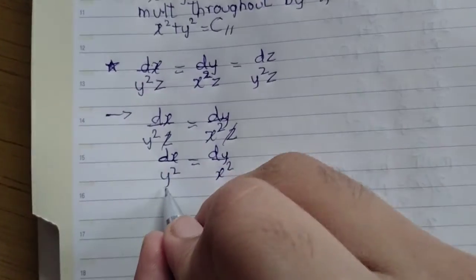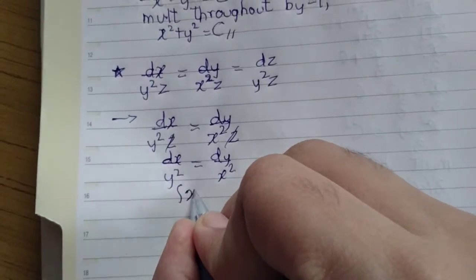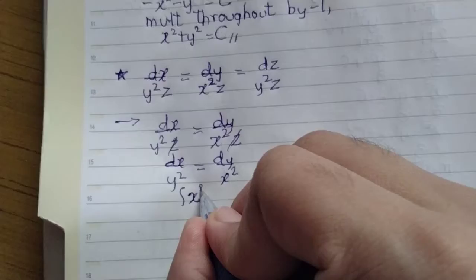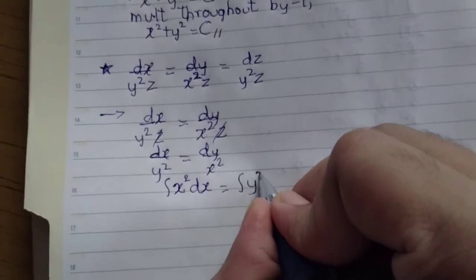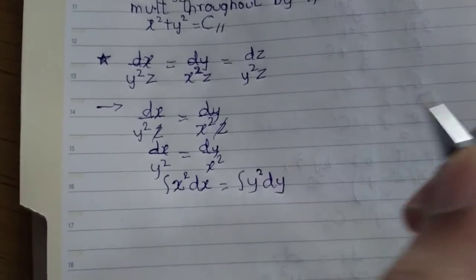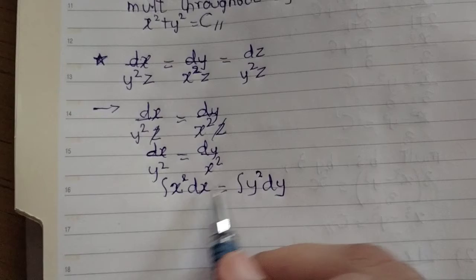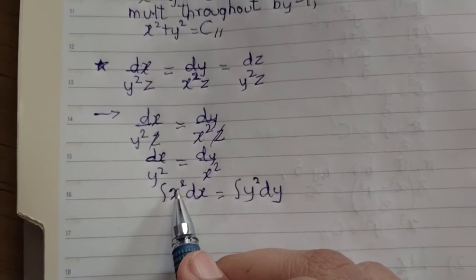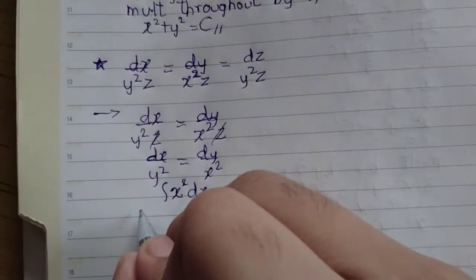Cross multiplying and integrating both sides, we'll get x square dx is equal to integration of y square dy. Now the raised power is 2 and 2, so by applying the x raised to n formula, the value of n is equal to 2.